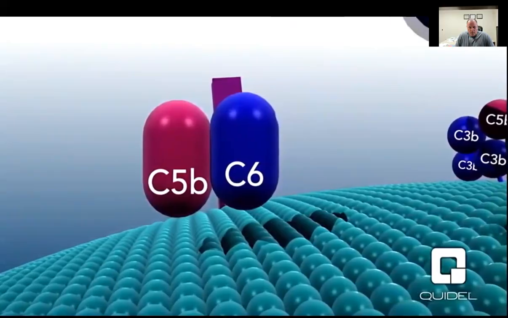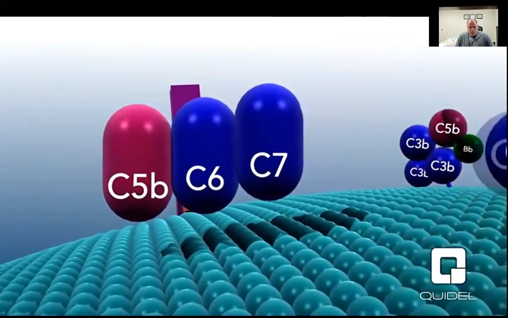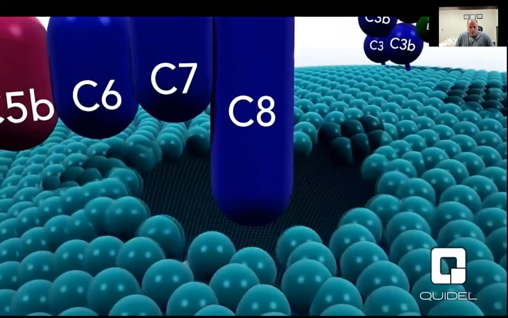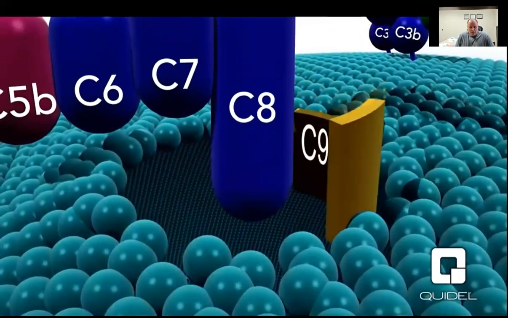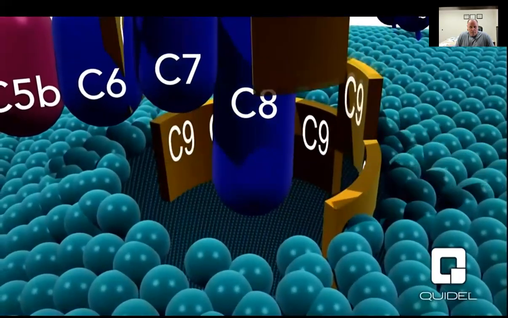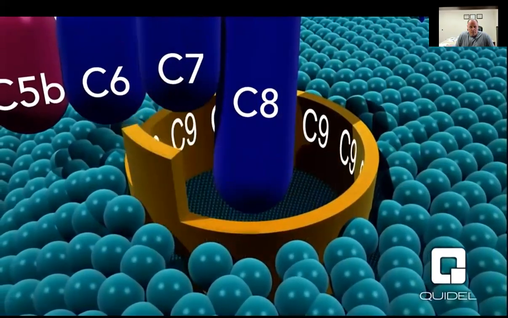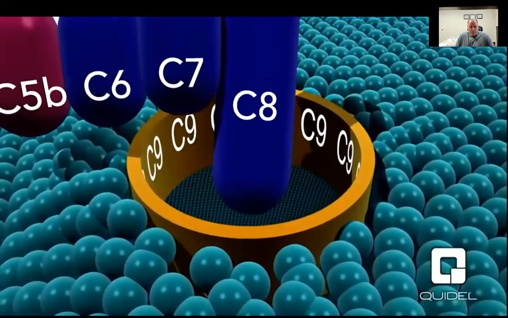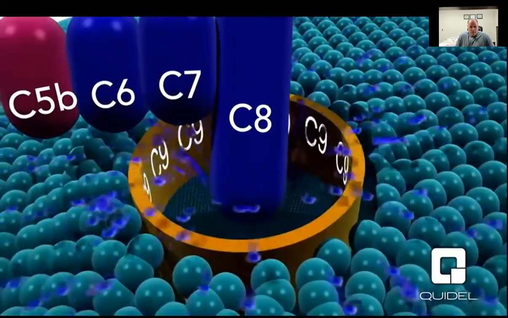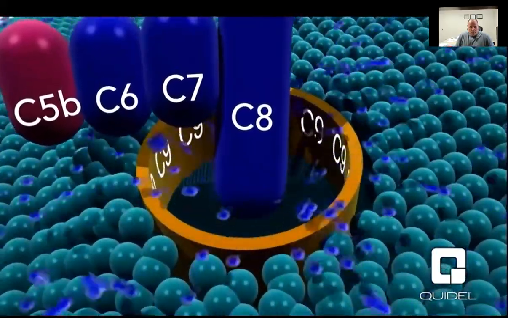C5b associates with C6, C7, and C8, forming a large multimolecular complex that begins to disrupt the cell membrane. Subsequently, C9 binds to C8, followed by many additional C9 molecules, leading to the formation of a large pore in the cell membrane. The pore is large enough to allow water, ions, and small molecules to enter the cell, leading to lysis.